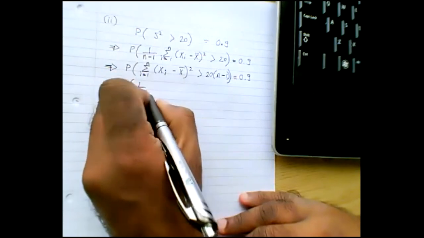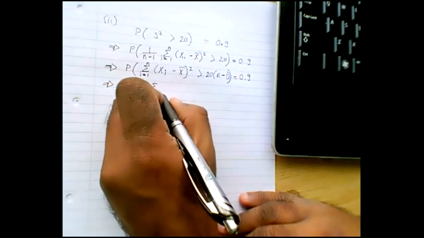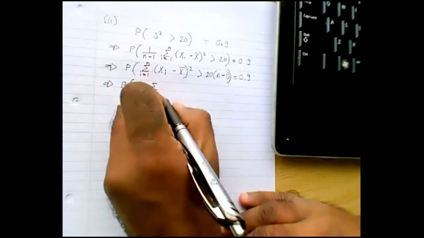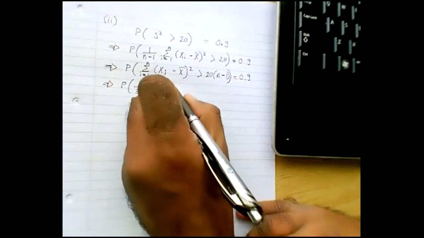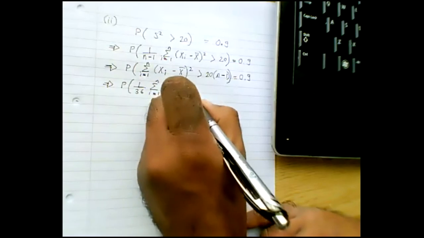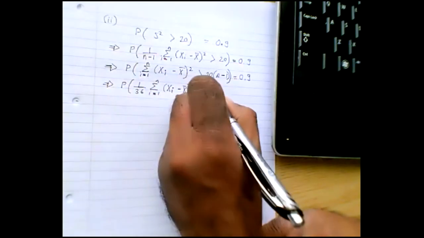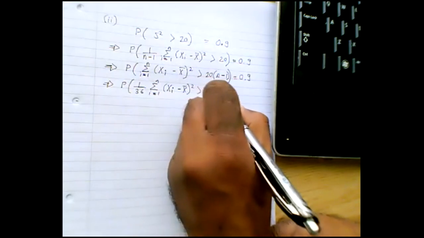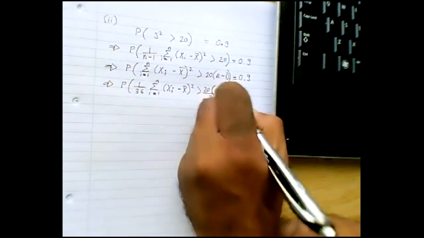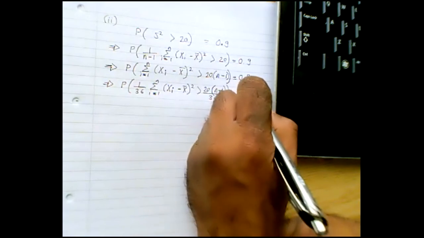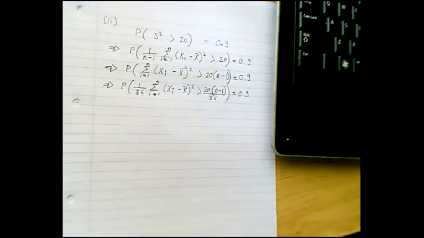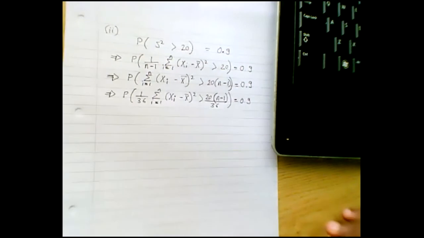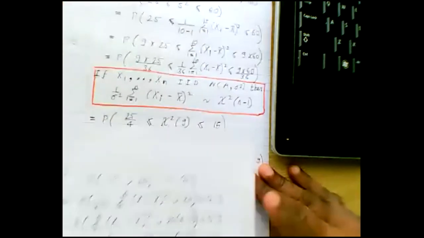So this is 1 over 36 times... All right. Okay, now using the same property that I mentioned in the first part, which is this one.